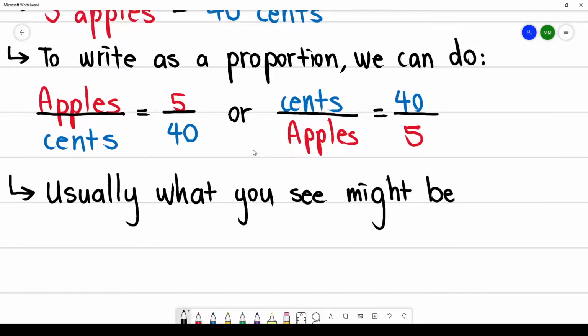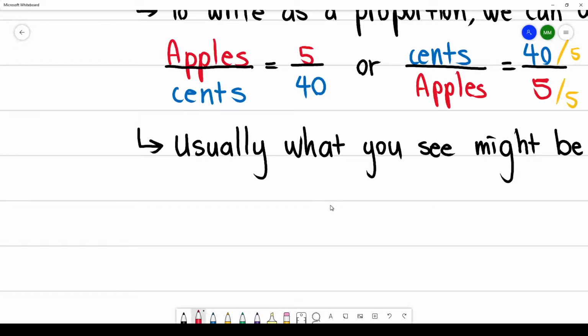If I divide this by 5 and this by 5, what I get is 8 over 1, right? So 8 cents per 1 apple. And in the supermarket, that is also what you're going to see: something like 8 cents per apple.